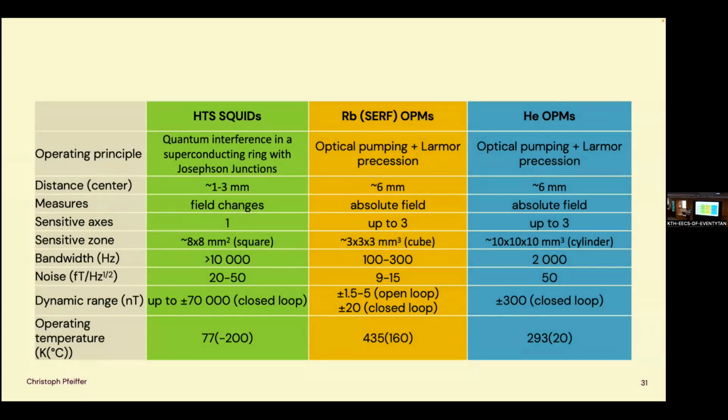But I think important is this one already that we heard before. Distance, it's quite critical. An interesting thing maybe is that with OPMs, theoretically, you can measure more than one direction in a single sensor. So you can do up to 3 field orientations. So you can get the full vector, basically. That usually comes with an increase in noise.